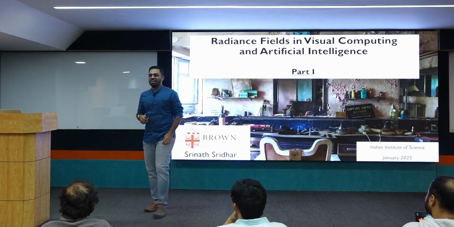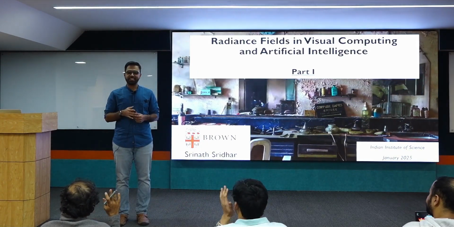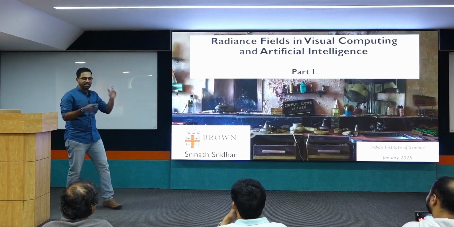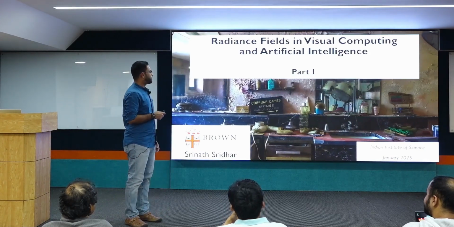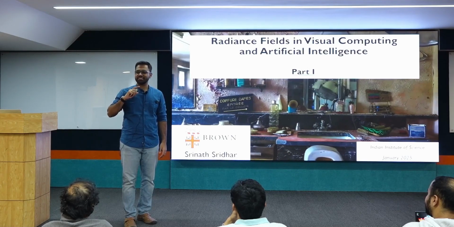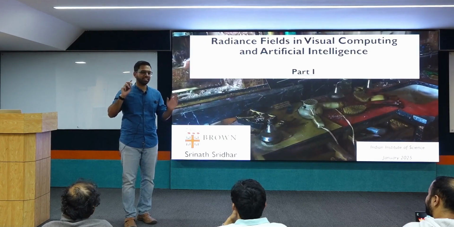And how many of you have taken a course in computer vision or do research in computer vision? Okay, a fair bit of you. All right, cool. That helps me calibrate what I should talk about more, what I should talk about less, and so on. How many of you know what a radiance field is? How many of you know what NeRF is? Neural radiance fields. Okay, that's good.